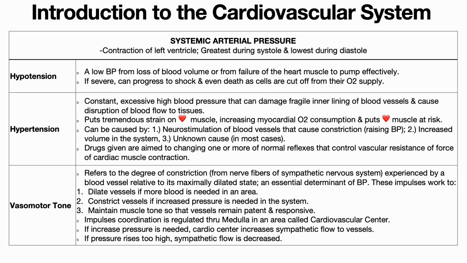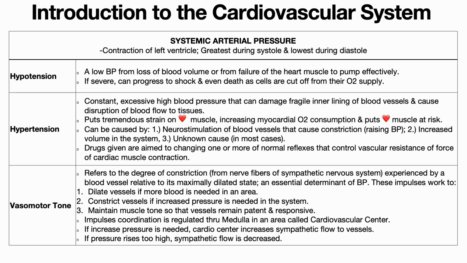experienced by a blood vessel relative to its maximally dilated state, an essential determinant of BP, and these impulses work to dilate vessels if more blood is needed in an area, constrict vessels if increased pressure is needed in the system, and maintain muscle tone so that vessels remain patent and responsive.